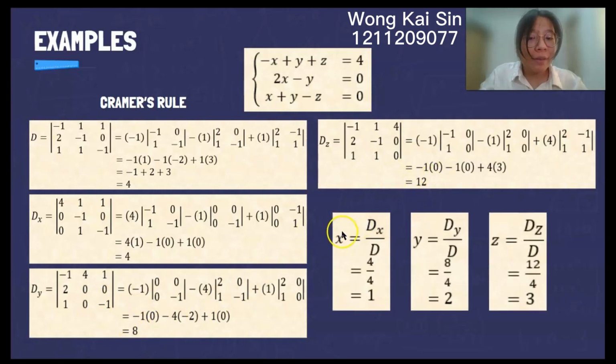After that, we calculate x, y, and z. How to calculate is dx over d, and for y it is dy over d, and z is dz over d. So it is the same formula, but different values. So x will be 1, y will be 2, and z will be 3.